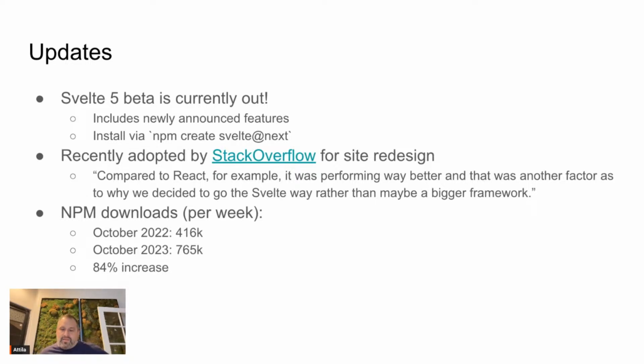Another big announcement was that Stack Overflow, on their developer blog, announced that they're actually 100% adopting Svelte. They are totally redoing the whole of Stack Overflow, and there's multiple sites in the Stack Overflow ecosystem, but they're basically redoing them all, and they chose Svelte for that.